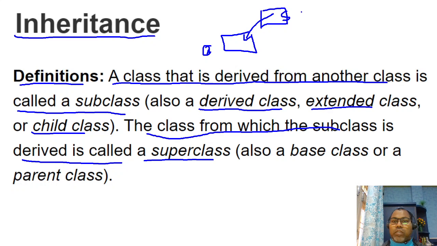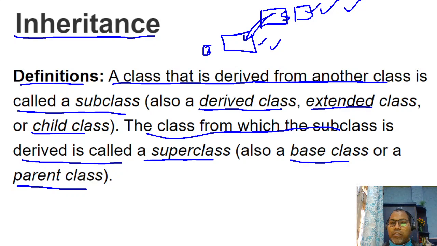Sometimes the superclass is also known as a base class or a parent class. Generally, the class being inherited from is known as your superclass, base class, or parent class. The class which inherits the properties and data members is known as your subclass, derived class, extended class, or child class.